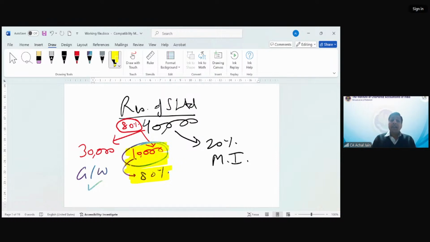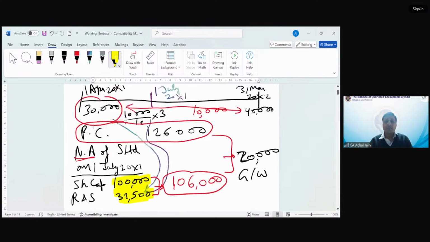And you may be thinking, but sir, why is this required in this question? Because in the previous all of those questions, such thing was not required. Because in all of the previous questions that you have covered so far, your date of acquisition and the date of reporting was same. Yes or no? Only in this particular question, you can see this problem coming up.